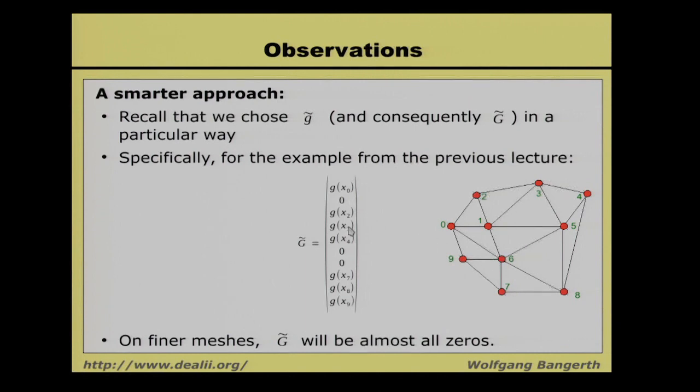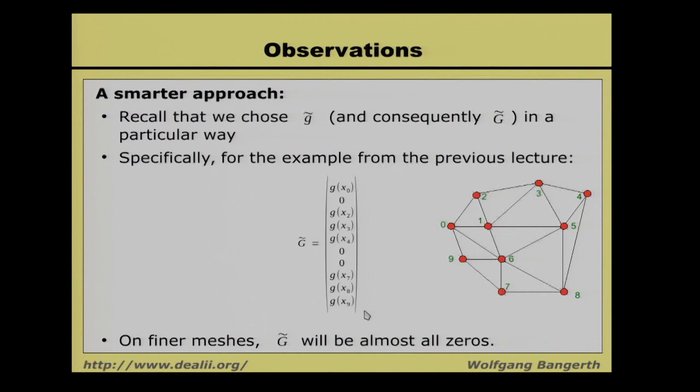So this is this and these two nodes here. And for all of the nodes sitting on the boundary, it has the correct boundary values. So there would be g of x0. g is the function that I have, the boundary values that I want to impose, and x0 is the location of node 0. That's the x and y components of the position of this node here. And the same thing for the others.